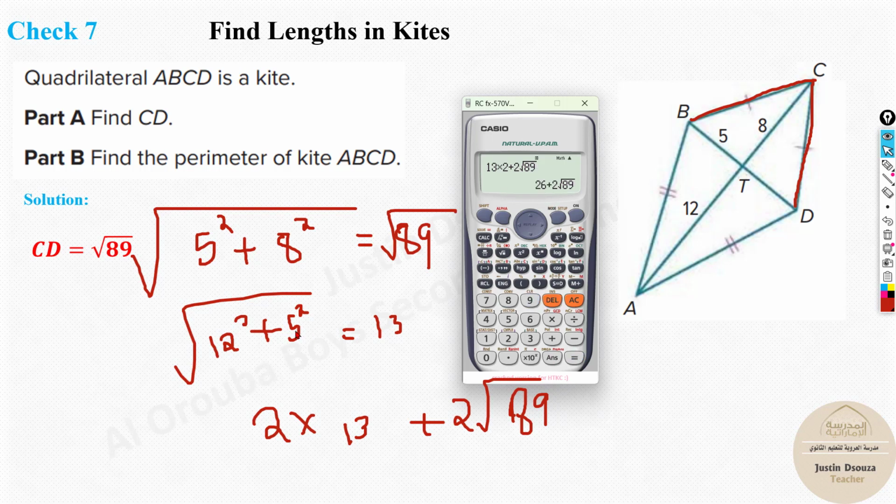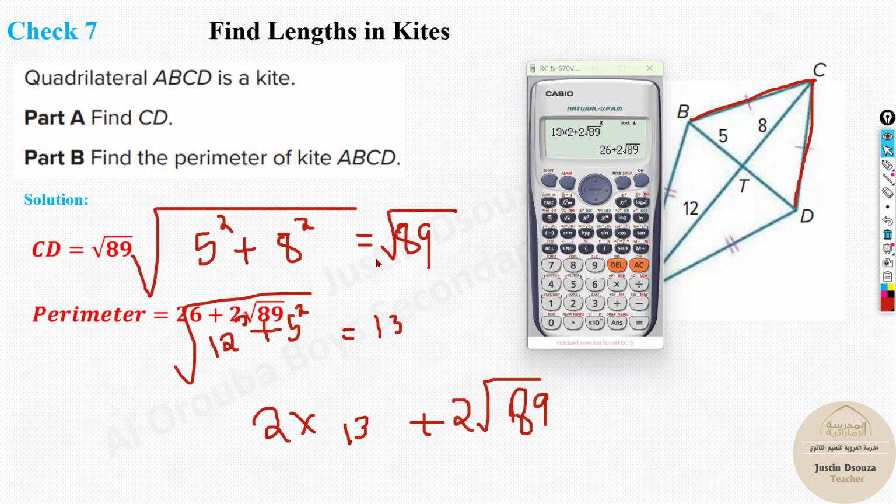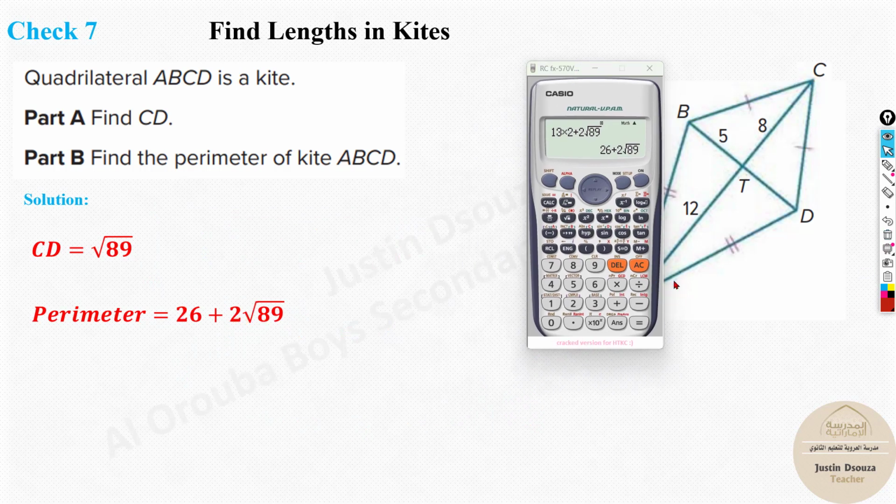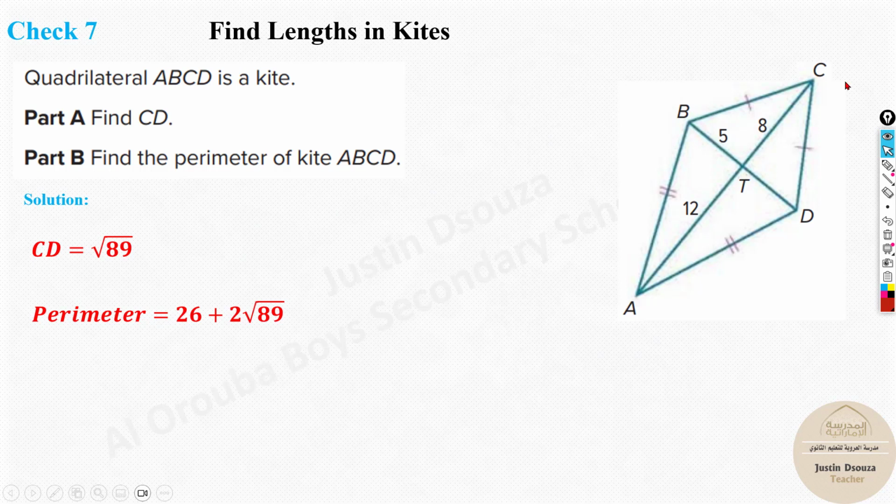This would be the answer, 26 plus 2 root 89. Okay, you can see that's the answer. So same like the previous example, all you need to do is find the sides first by using Pythagoras theorem, then the other side using Pythagoras theorem, and add the four sides. Two sides are equal to each other and these two are equal to each other. This is how you can easily find the sides and solve this problem.